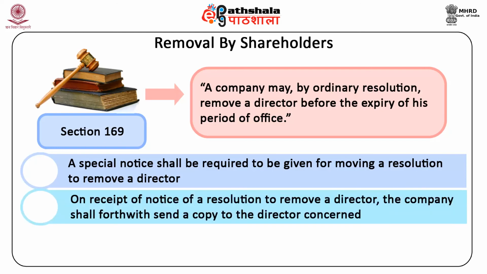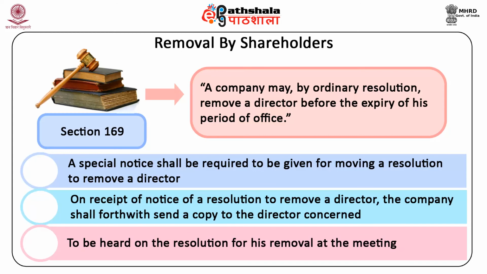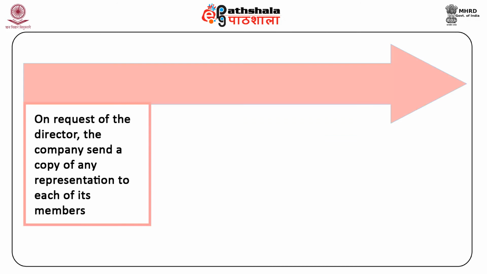On receipt of the notice of a resolution to remove a director under the section, the company shall forthwith send a copy thereof to the director concerned. The director shall be entitled to be heard on the resolution for his removal at the meeting. On the request of the director, the company shall send a copy of any representation made by the director in writing thereon to each of its members.